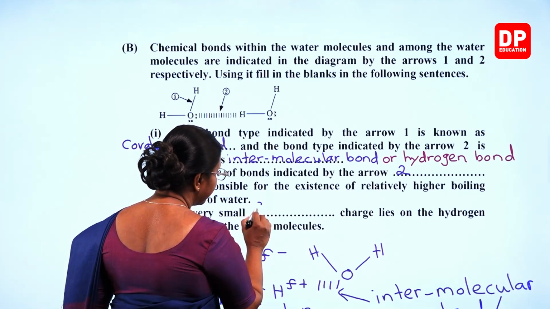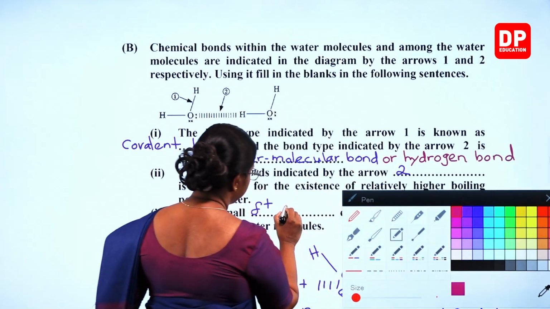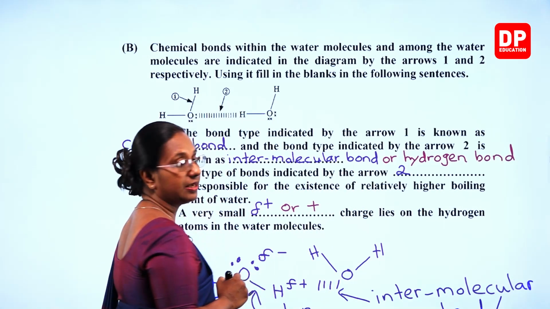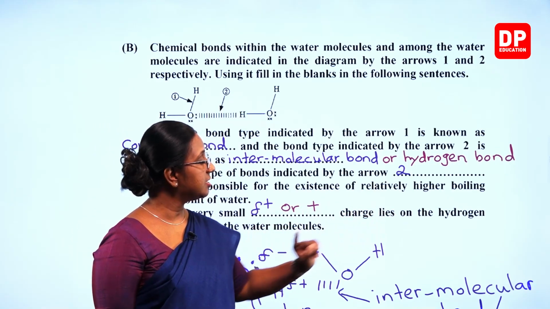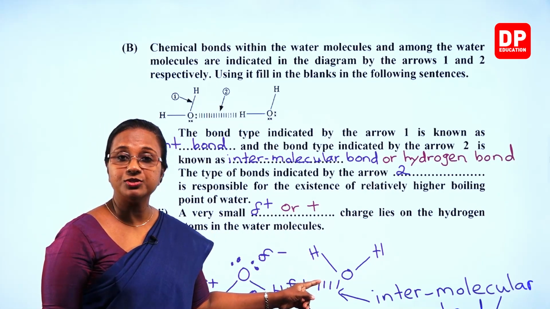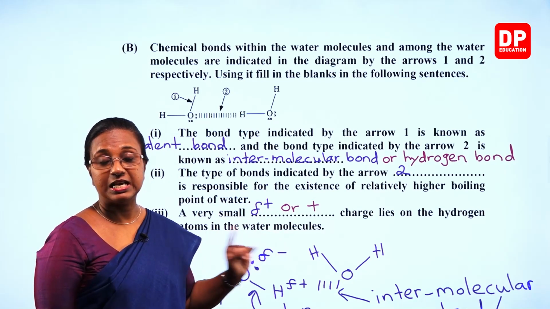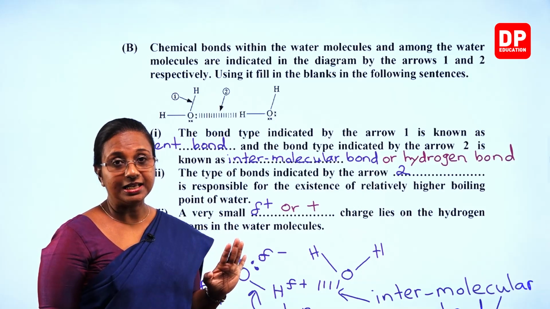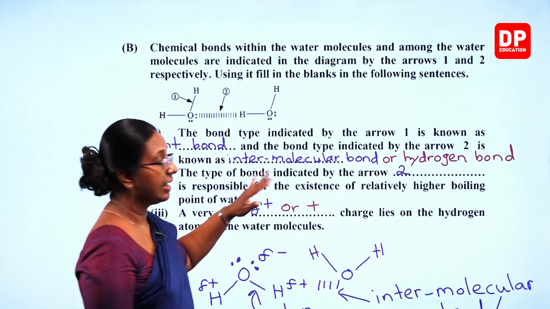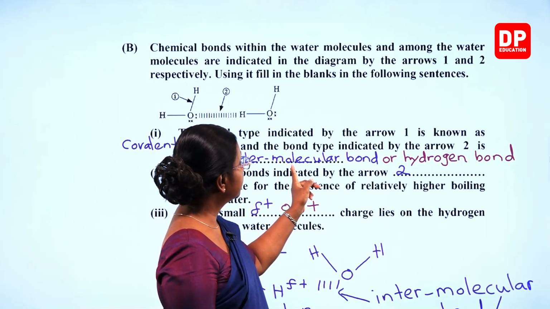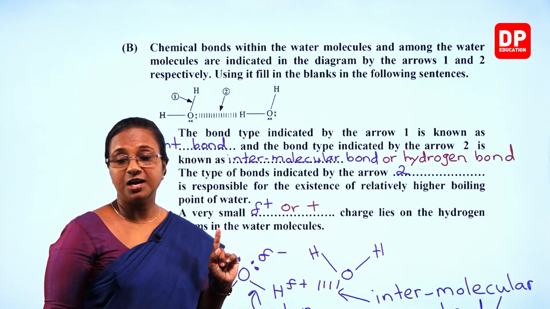So here we can write delta positive, or you can just write positive, because they have said a very small positive charge lies on the hydrogen atoms in the water molecules. That is correct. Or else, to show it is a partial positive charge, you can use delta positive. Is that clear? Either way you get the marks. So for this one and this one you get the full mark. You can write either intermolecular bond or hydrogen bond there, and here delta positive or just positive charge.